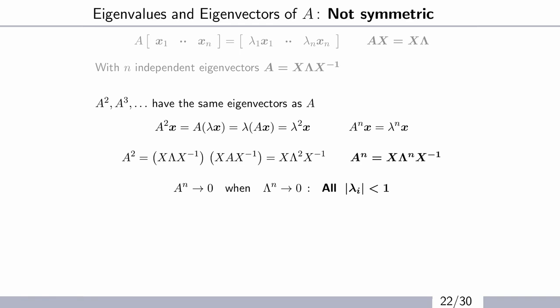Now I'm going to multiply both sides by A. That'll tell me something about eigenvalues of A squared, because when I multiply by A, let me start with A squared times x, which means A times Ax, but Ax is lambda x, so I have A times lambda x, and I pull out that number lambda, so I still have one Ax, and that's also still lambda x.